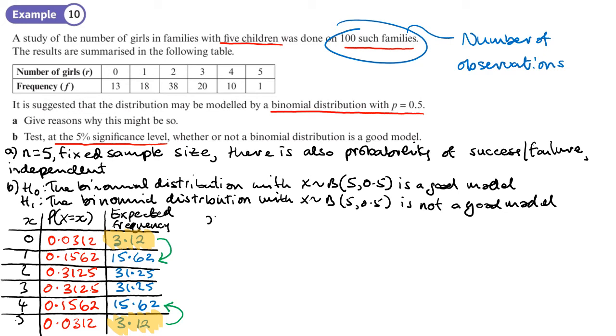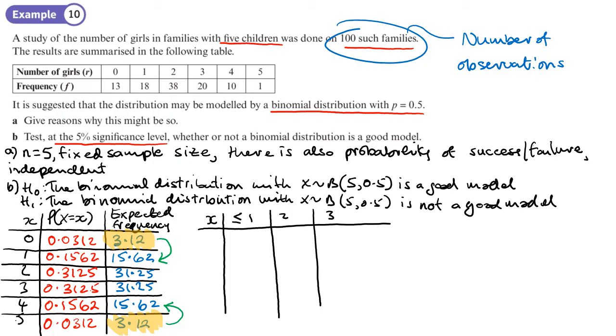If I do the table this way, my values of x, now I'm combining 0 and 1, so I could say less than or equal to 1 child. It's going to go there. Then I'm going to have 2, 3, and then 4 or more. Basically it's 4 or 5, because it's not going to be any more than 5.